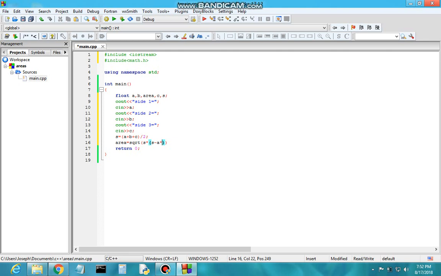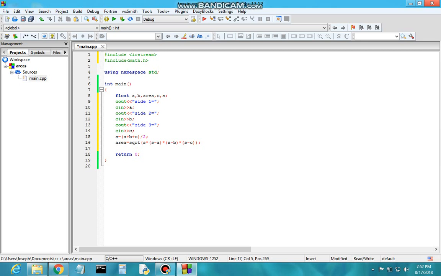Multiplied by, wait, s minus b and s minus c. Yes, that's right. And yeah, that is the formula.